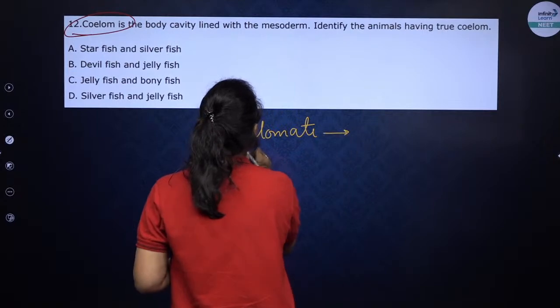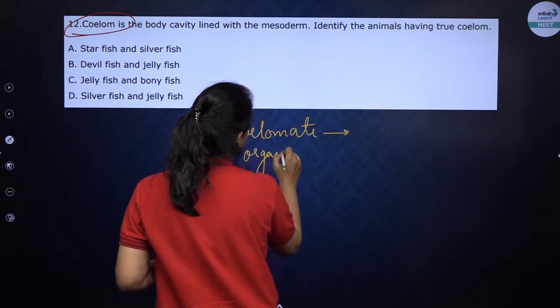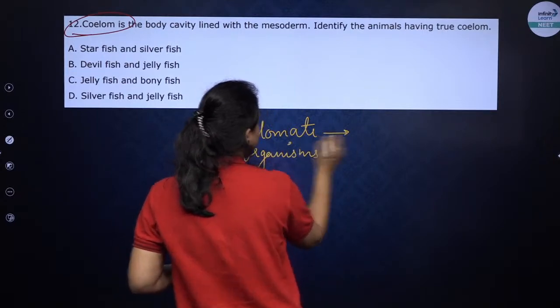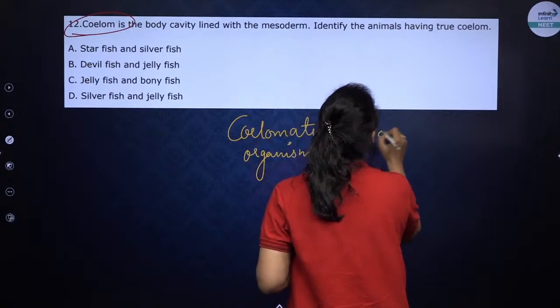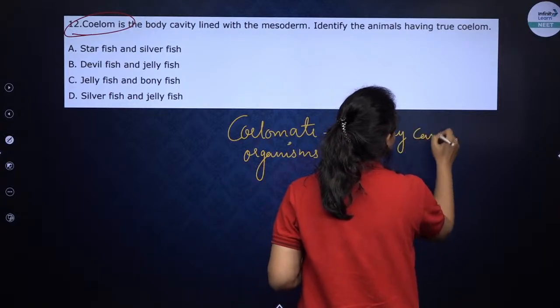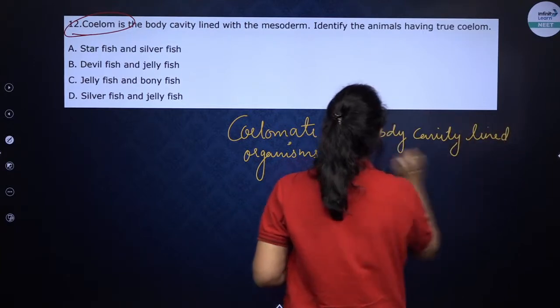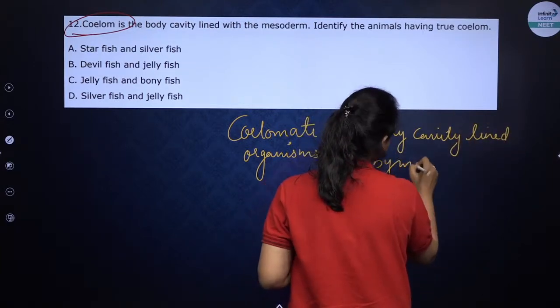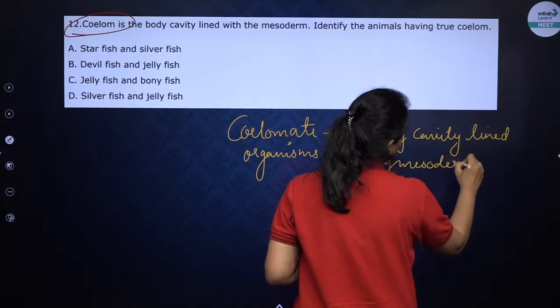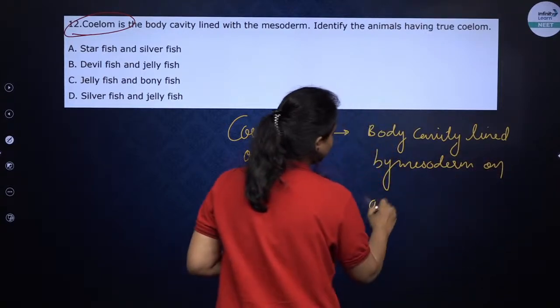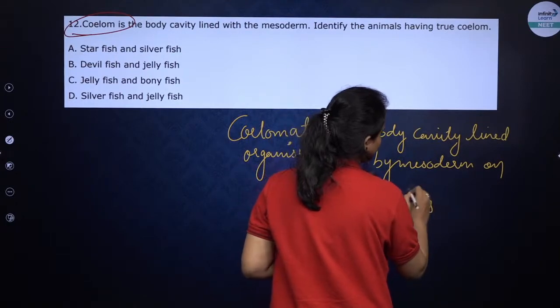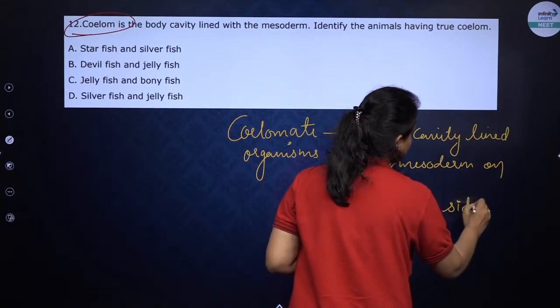Coelomate organisms will have a body cavity lined by mesoderm on all its sides, right?